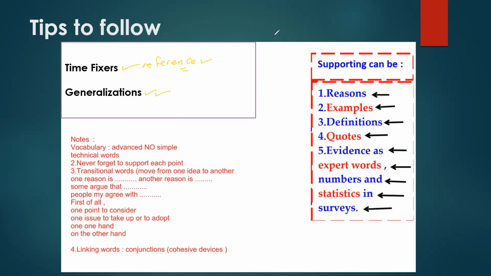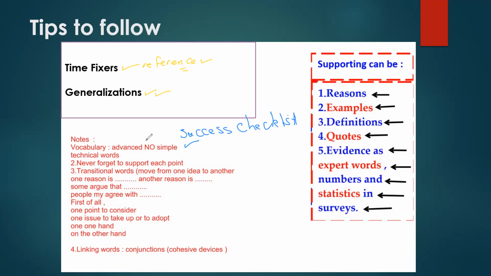Here we studied some notes, and please pay attention to this success criteria, the success checklist. It's very important, guys. Number one, using the vocabulary. You will lose marks, you will be penalized if your vocabulary is childish and not mature enough.